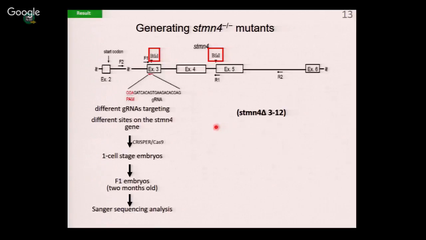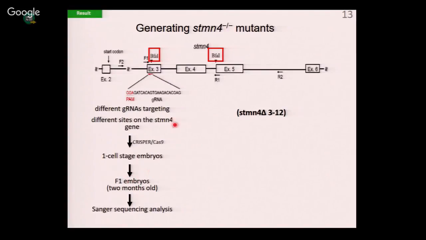To further confirm the function of stem cell genetically, they generated homologous stem cell mutants in the transgenic TG SN HUC kaede background. Using the CRISPR-Cas9 mediated approach, they designed several gRNAs which target different sites in stem cell, then co-injected them into one cell stage embryos. When the F1 embryos grew to 2 months old, they were subjected to sequencing analysis.